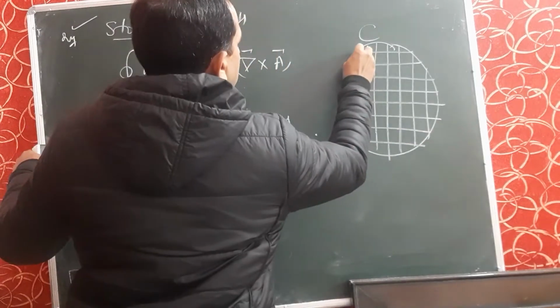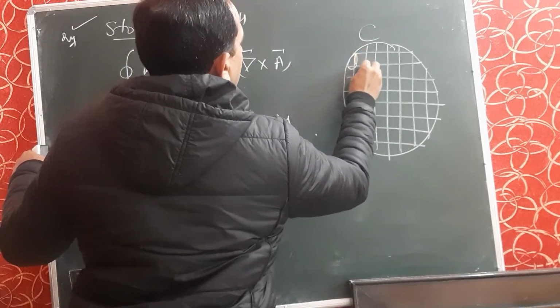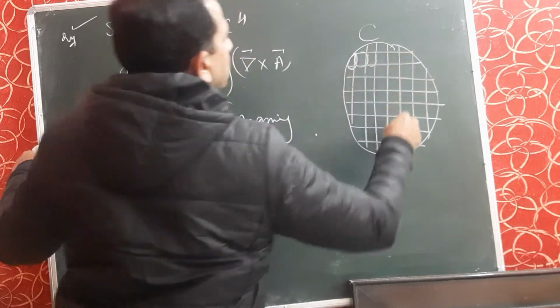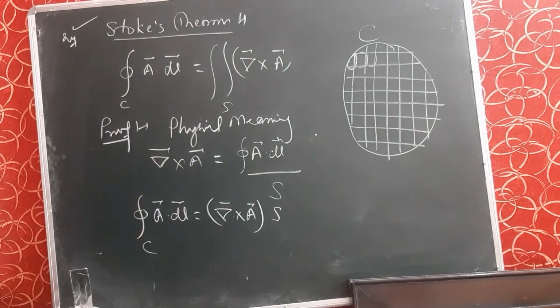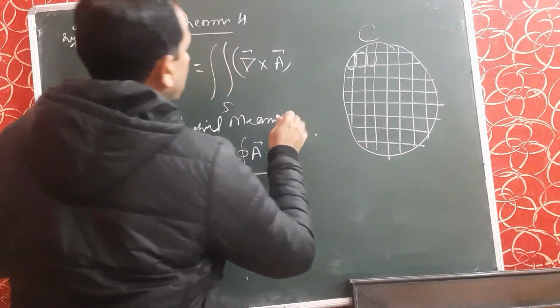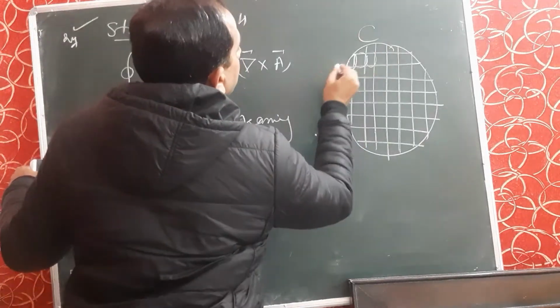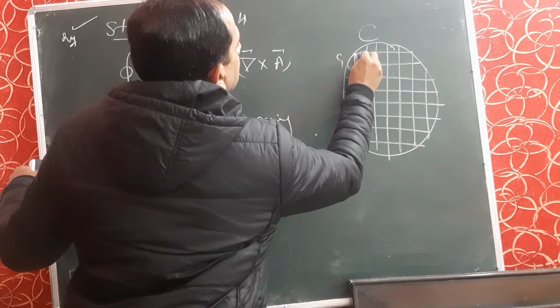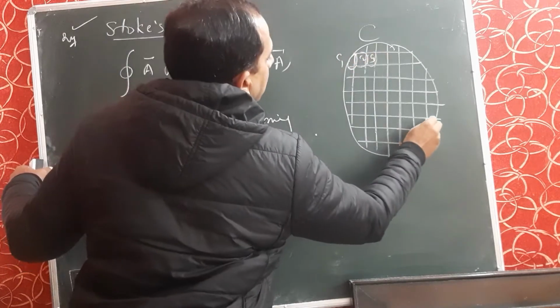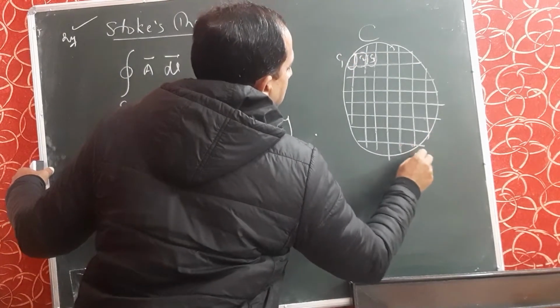So it is the first loop, second loop, third loop, all these squares or rectangles are basically closed loops. So I am dividing this closed loop into a number of loops C1, C2, C3, and last it may be Cn.